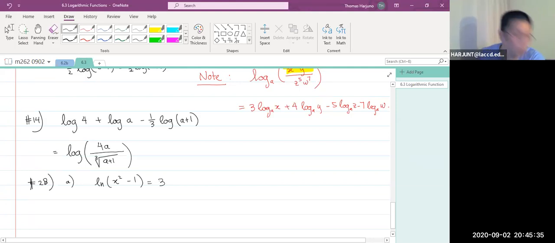Solve for x. This is a log form. I will change this into exponential form. In exponential form, x squared minus 1 equals e to the third. And then I add 1 to both sides. Apply the square root property. Don't forget the plus minus sign.